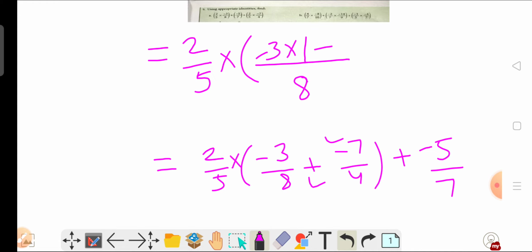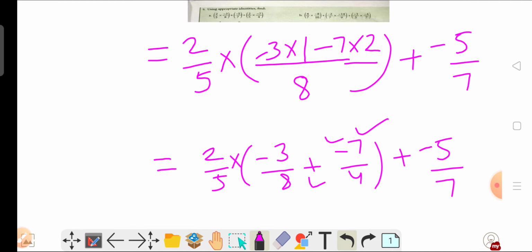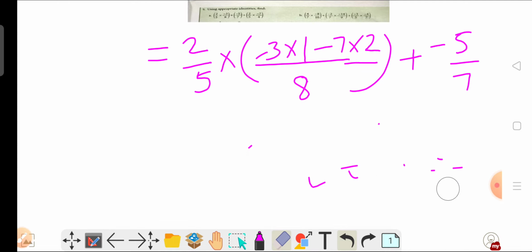Again, when we divide 8 by 4, 2 will come, and we multiply this 2 by 7. So 7 should be multiplied by 2. Clear? And plus minus 5 by 7 remains as it is. After solving this multiplication, minus 3 multiplied by 1 is minus 3, and 7 multiplied by 2 is 14.